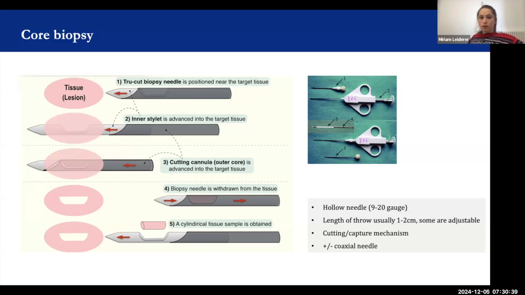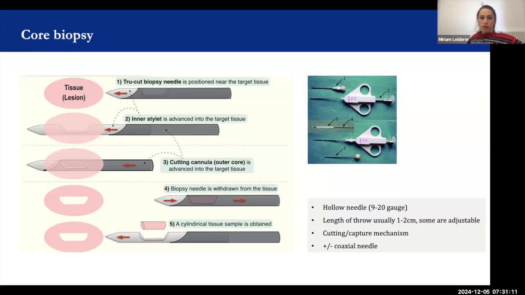So naturally, if you use a coaxial needle, you're going to make a hole that is a little larger, usually 1 or 2 gauge larger. But you only need to do that one time, and then you can use the tube of the coaxial needle to advance the biopsy needle several times.